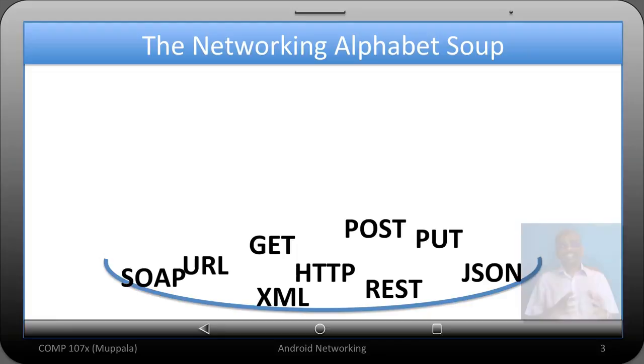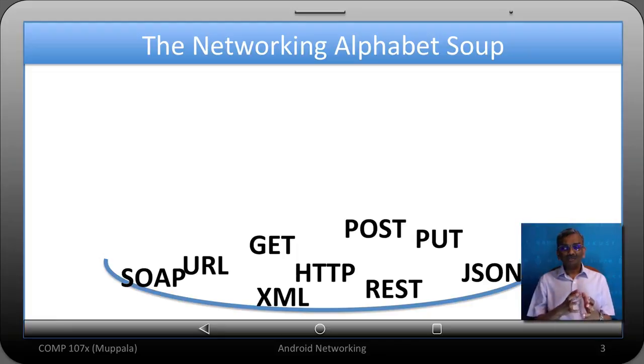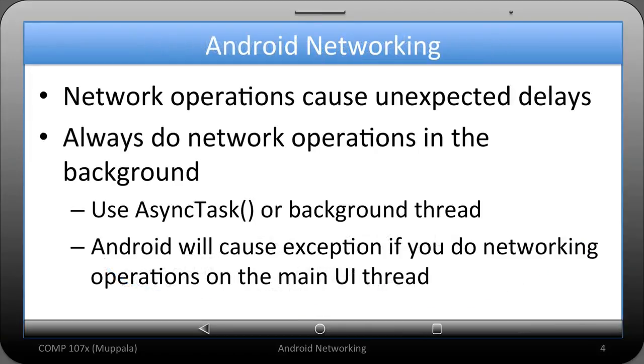Now, let me get you through a few of these acronyms through the example that we will encounter in this module. In particular, we will deal with HTTP, URLs, we'll look at JSON, and then we'll look at the GET operation to be issued to a server from a client, and so on.